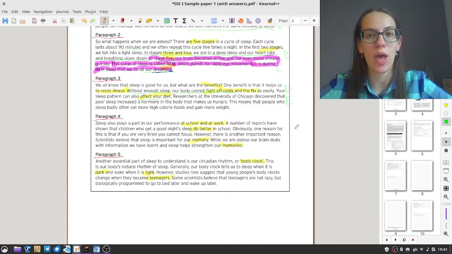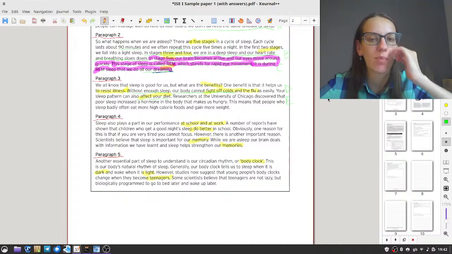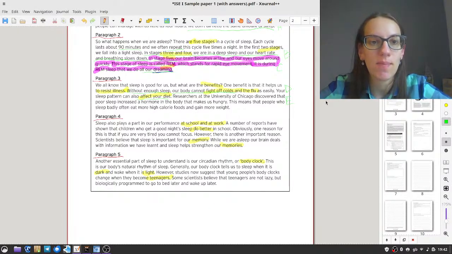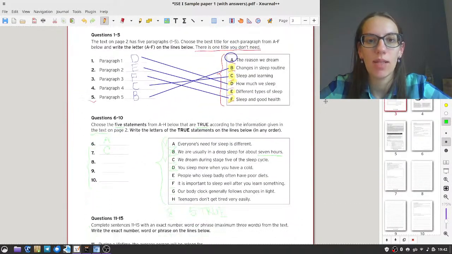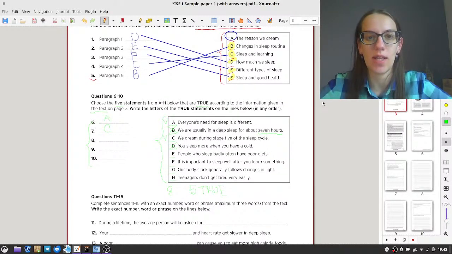When you have your actual paper, if you want to take this exam, you can write in this paper, you can write whatever you need to write. So it's perfectly fine to do this. And it's actually good for you because it helps you understand the text better and get correct answers.